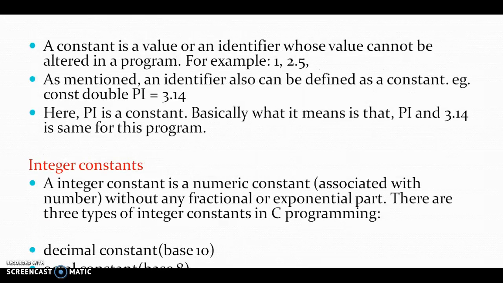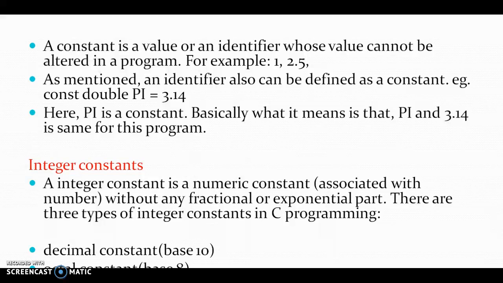A constant. Now, what is a constant? A constant is a value or an identifier whose value cannot be altered in the program. For example, if I have assigned some value to a variable with the const keyword, then that value won't be changed in the entire program. An identifier can also be defined as a constant.